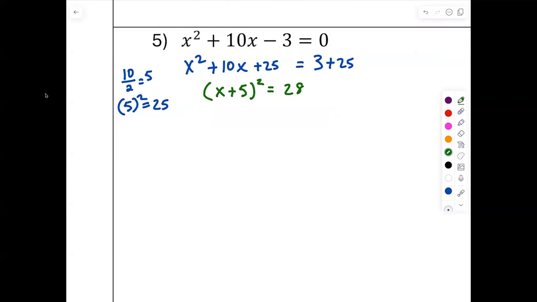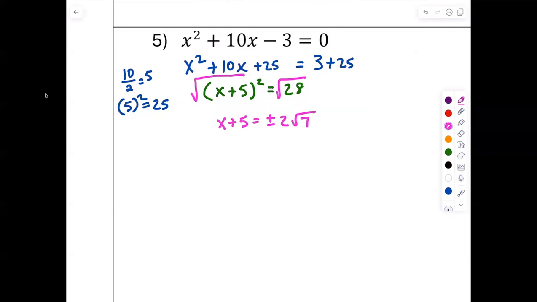Now what do I do to both sides? Take the square root of both sides. So now X plus 5 equals, don't forget, plus or minus 2 radical 7.